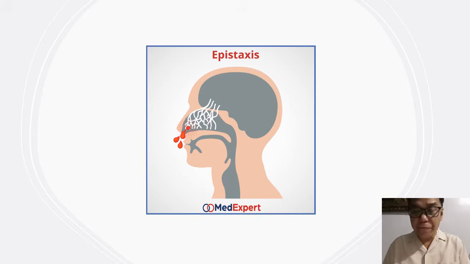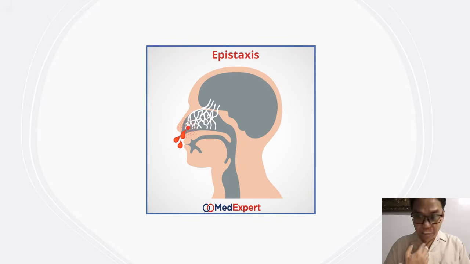Okay? So if ever there's someone who is experiencing epistaxis, what we need to do is to let them sit up. Okay, so just like what I'm doing, I'm sitting up. Okay, then we ask them to lean forward. Okay, then the head is tipped to prevent aspiration.